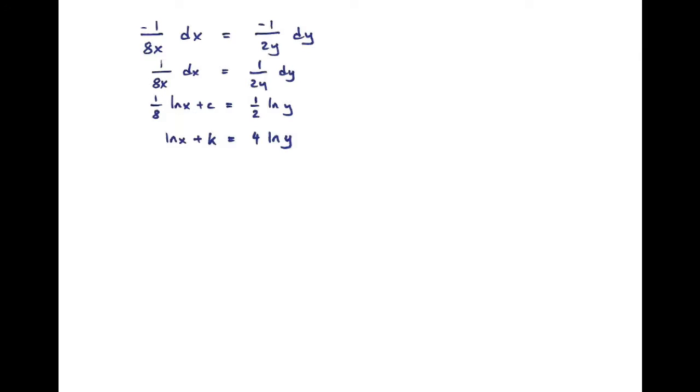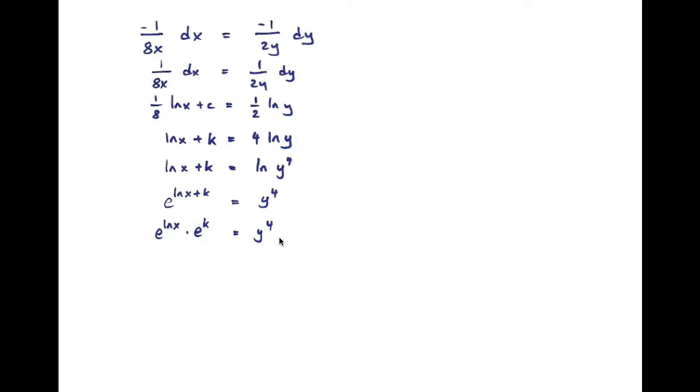I multiply everything by 8, and instead of writing 8c, I decided to just give a new name to that constant 8c, and now it's called k. ln of x plus k equals ln of y to the power of 4 using properties of logs, and e to the ln of x plus k equals y to the power of 4.